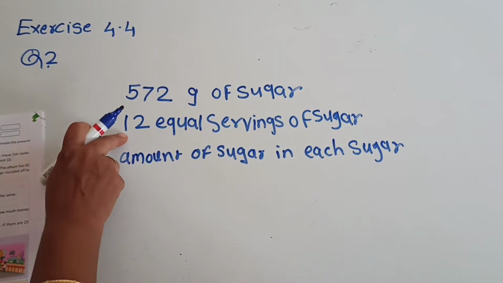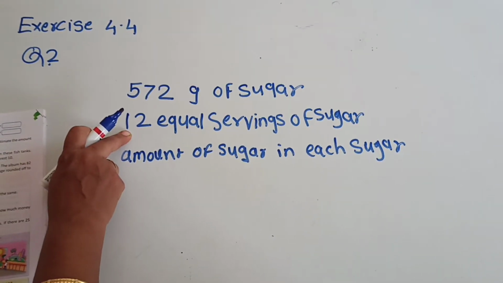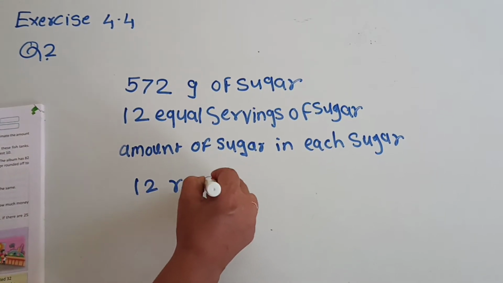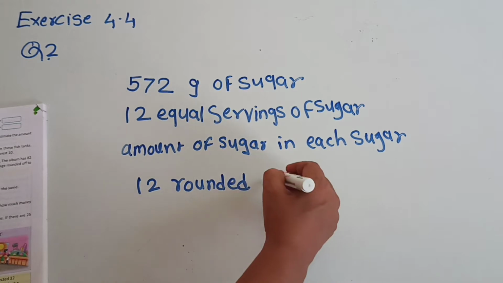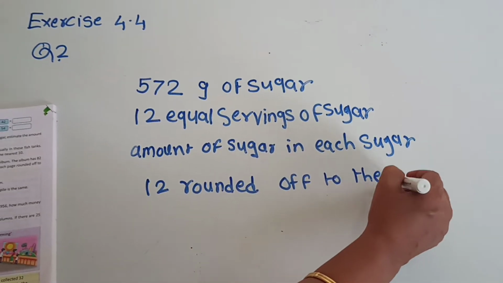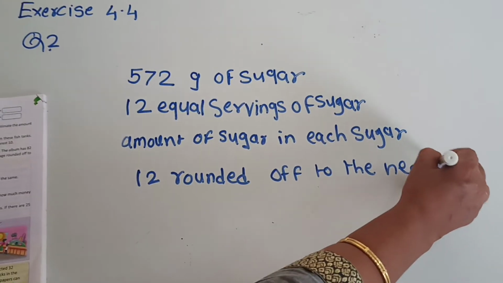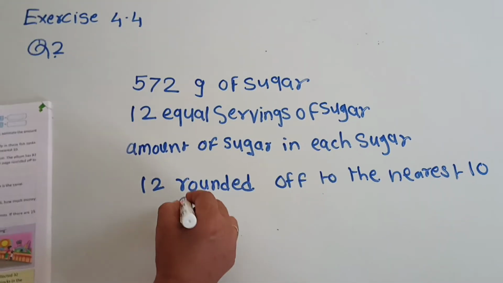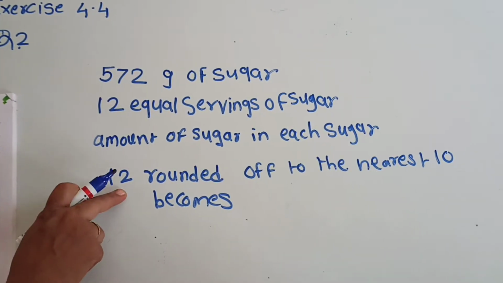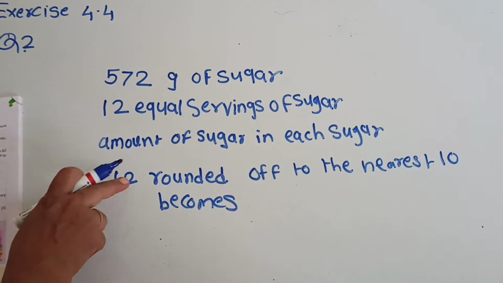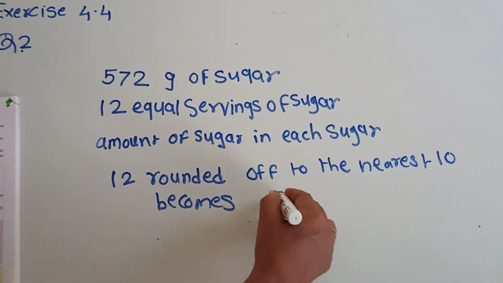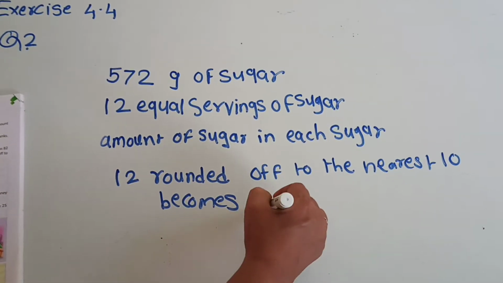Now here when we round off these 12, tell me children, 12 rounded off to the nearest 10 becomes: 1's place 2 is smaller than 5, so 1's place becomes 0 and 10's place 1 as it is.